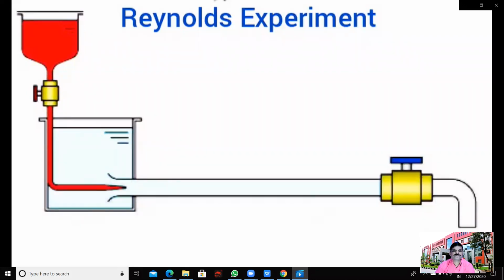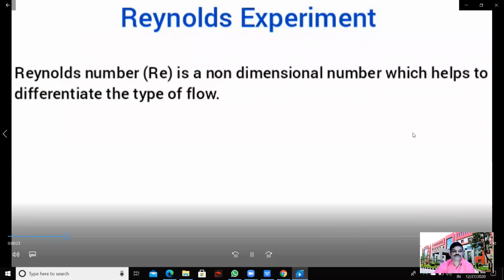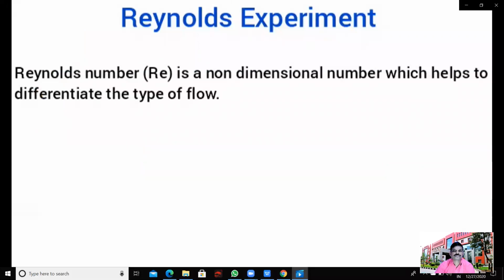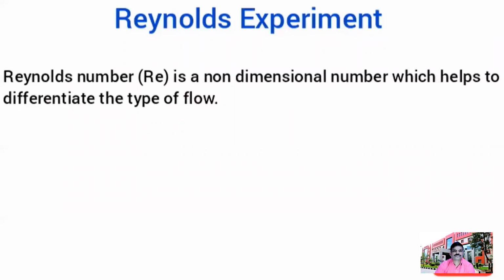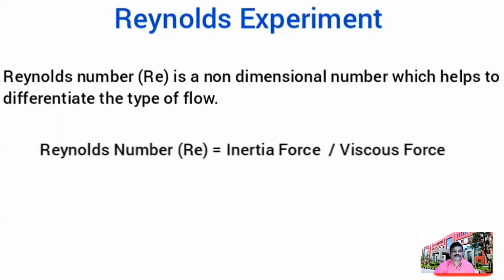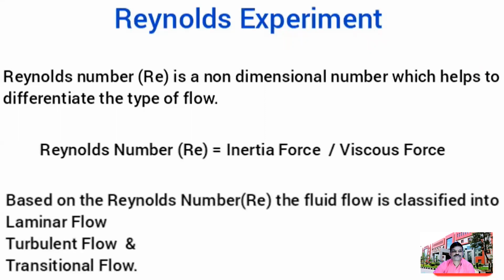Before going to this experiment, let us know the definition of Reynolds number. Reynolds number is a non-dimensional parameter which helps us to identify the type of flow. Generally the Reynolds number is given by inertia force to viscous force. Based on the Reynolds number, fluid flow is characterized into laminar flow, turbulent flow and transitional flow.